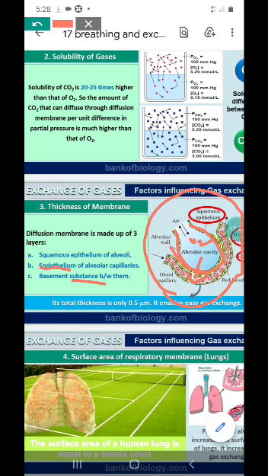These 3 layers altogether constitute only 1 millimeter thickness. So this is the thickness of the membrane. If it is thicker, it will take more time to pass through to the other side. That is why the thickness of the membrane is also taken into consideration.